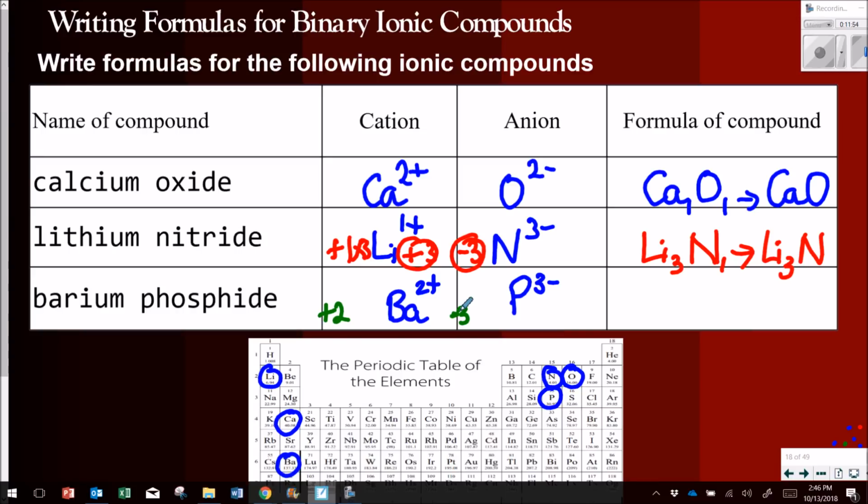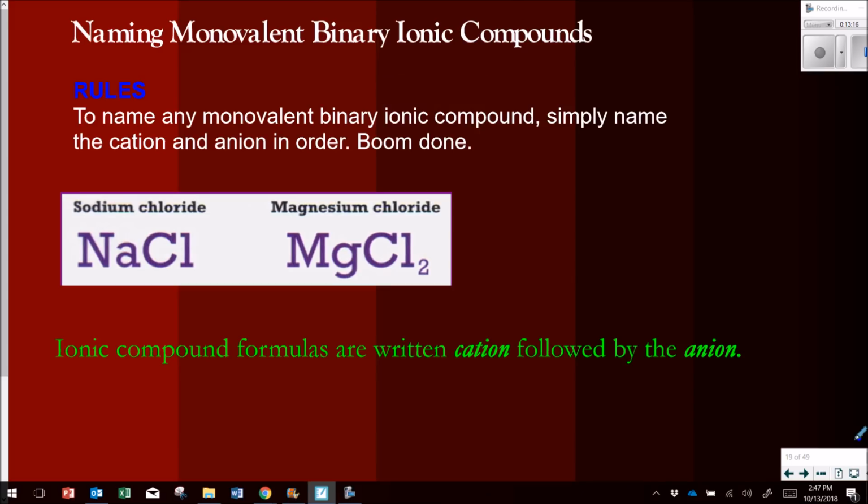To balance the two out and make it equal, I have to multiply the barium side by 3 to get a total of +6. And I have to multiply the phosphide side by 2 to get a total of -6. Now the charges balance out. I have a +6 on the cation and a -6 on the anion. So I write my formula as Ba3P2.